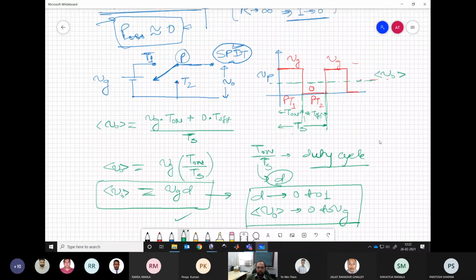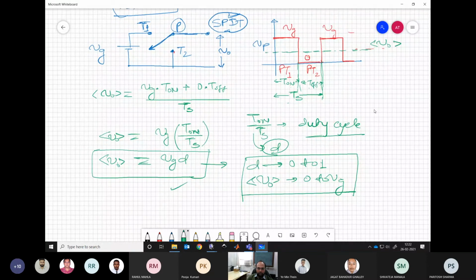Now there are a few things when we have this kind of arrangement. Yes, on average we are able to get this voltage VO. We have this switch operating very fast. Let us say this time period is of the order of some tens of microseconds or maybe hundreds of microseconds at the most.